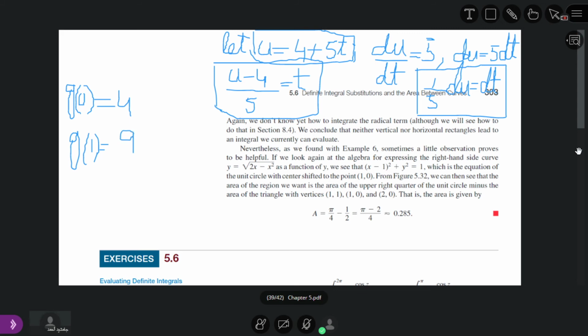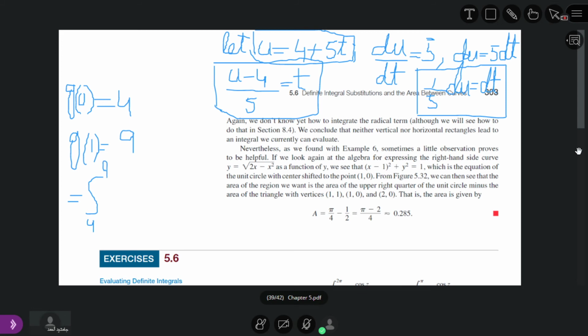Now all the information to convert the integral into a new integral is given. So here our given integral will be converted into a new integral in this way. This lower limit will become 4, upper limit will become 9. What is the value of t?